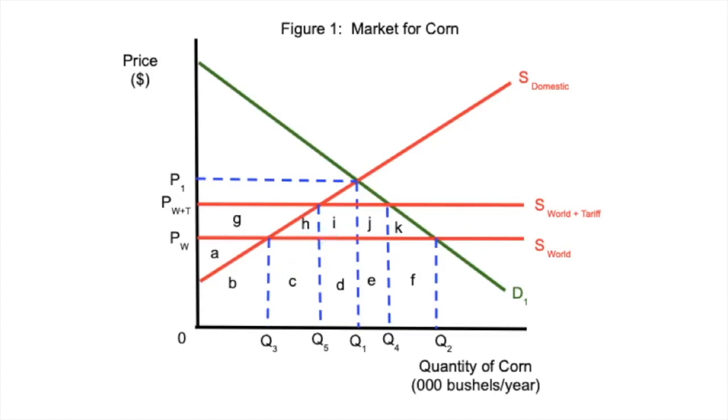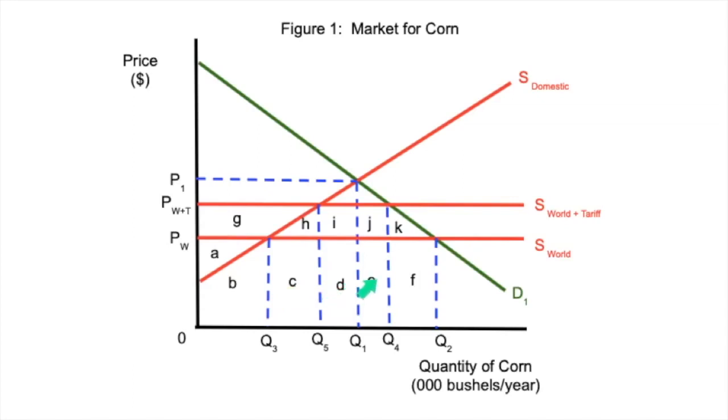The first thing, right, and look for other videos in the series about how to actually calculate all of this. But if you think about it, before the market was open for corn, before they put the tariff, how much corn was being produced in the United States? A, B, right, from here to here. Boom, just that, before the tariff. What about after the tariff? Well, before the tariff, how much was coming from world producers?